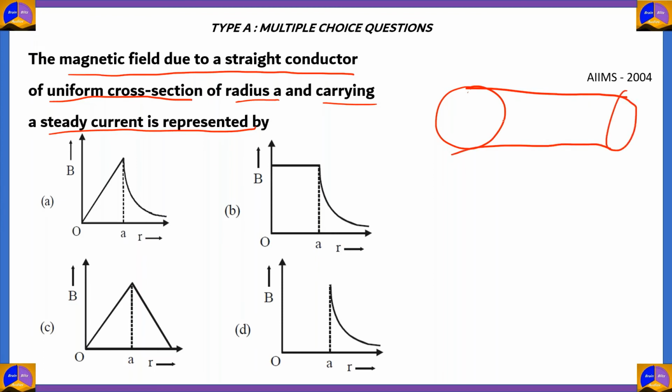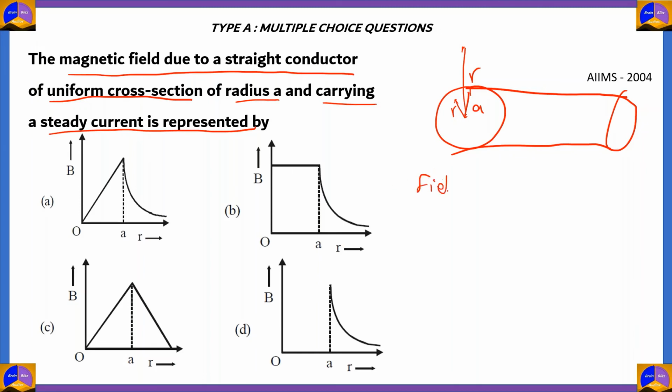So the cross-section has a radius A, and we have, say, a point outside and inside it. So let's keep these distances as the quantity small r. So we need to find out how the magnetic field is represented in a graph.